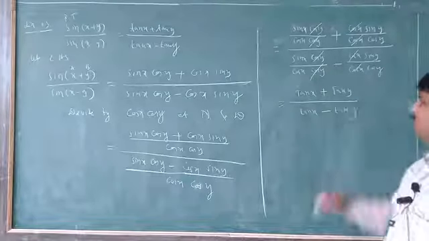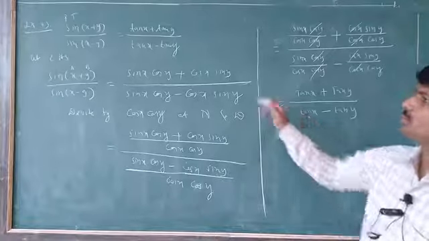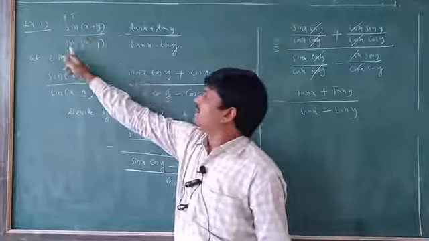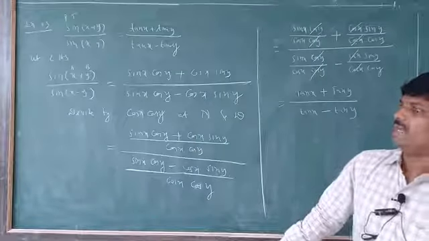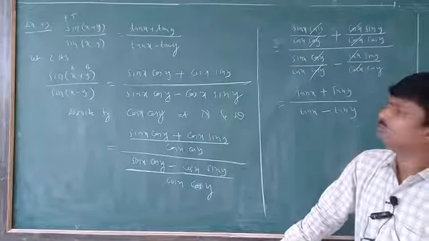Sin of x plus y by sin of x minus y is equal to tan x plus tan y by tan x minus tan y. We have to prove. So this is the process.